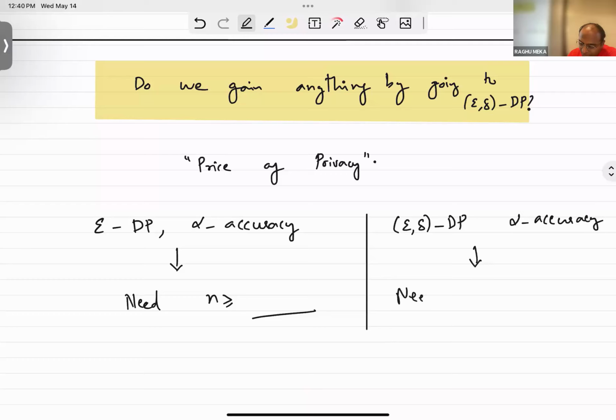So how big should my database be? This is the true cost of privacy. Without privacy constraints, maybe I could have solved the same problem with fewer records, but with the privacy constraint, I might need more. And whether my privacy is pure or approximate, my size requirements could differ.